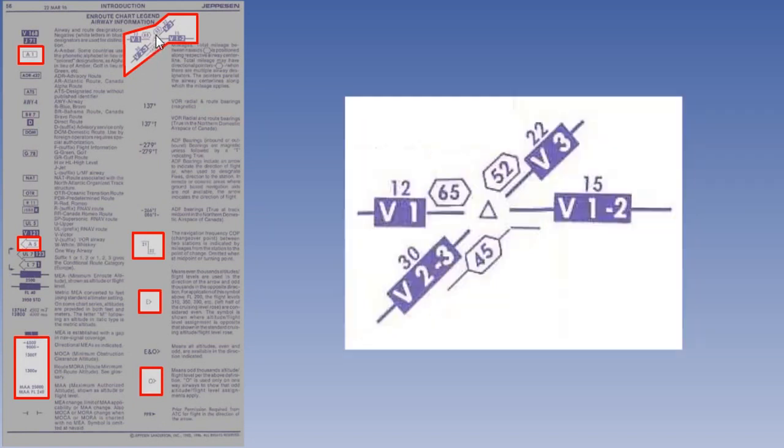The first figure in the right-hand column shows how the total mileage between consecutive Navaids is shown as a figure in a hexagonal box. This is the sum of each of the segment distances shown in plain figures along the airway.